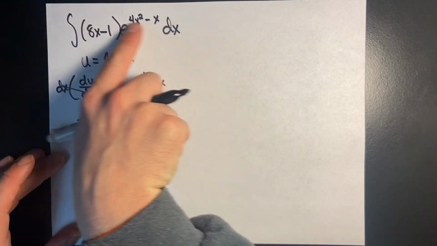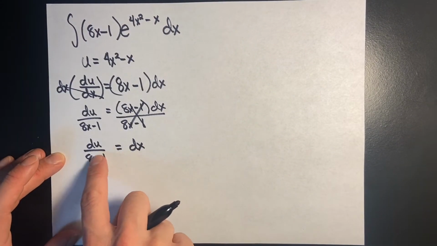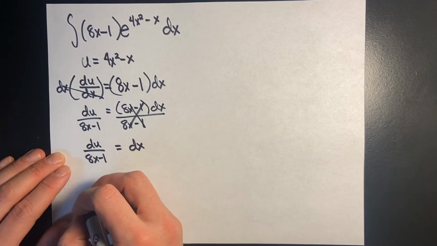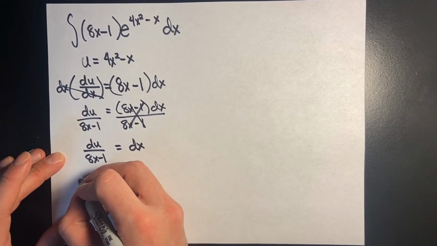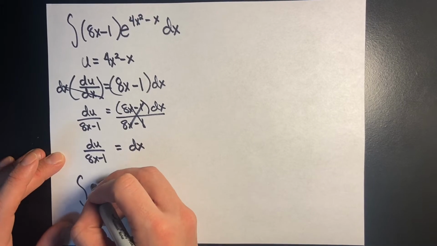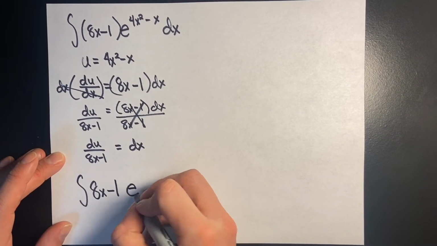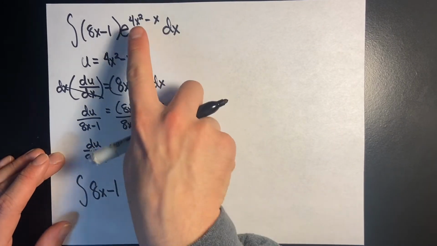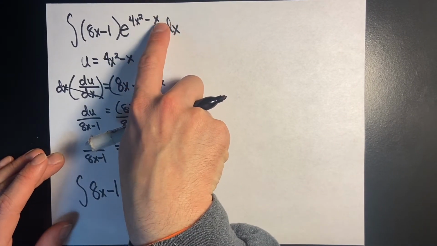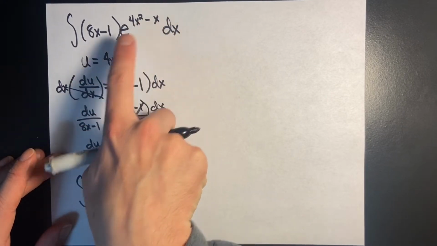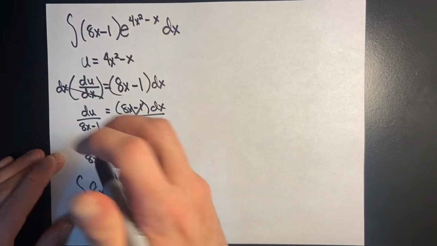Now I take that dx and replace it with that guy right there. So I haven't done anything yet. I have the integral of 8x minus 1 e to the, and you know what? 4x squared minus x is the same thing as u. So I'm going to replace that with u.